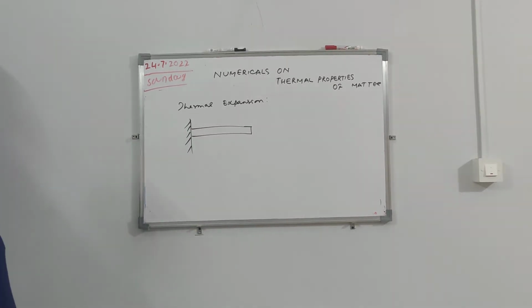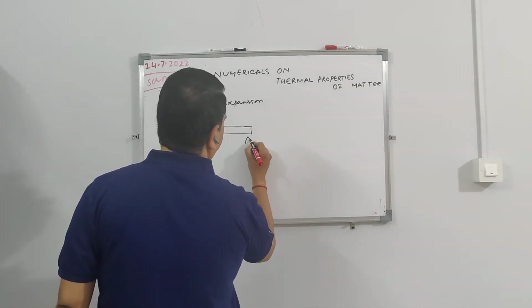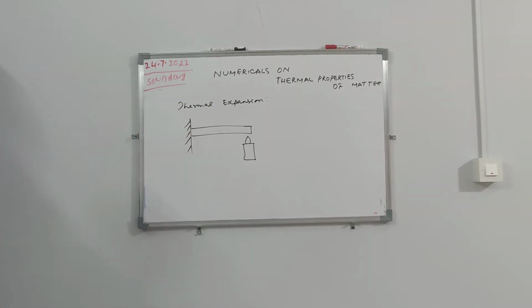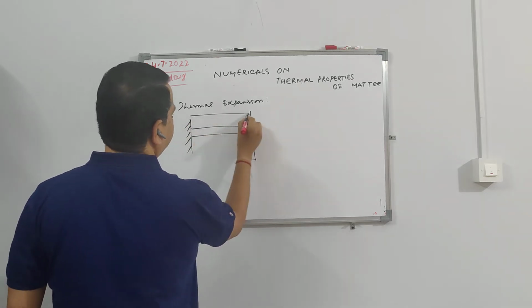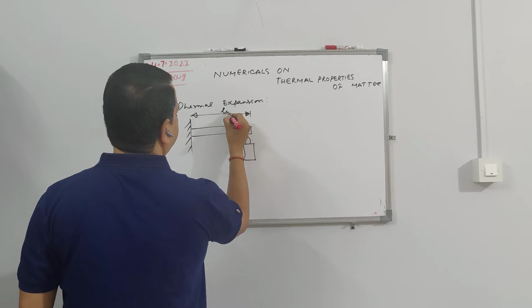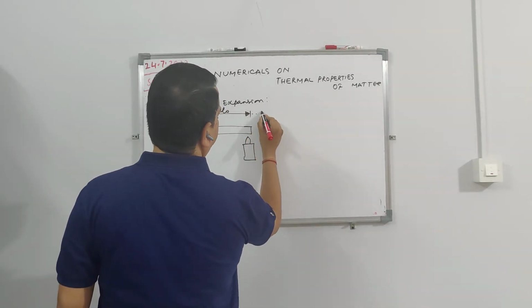Let me say I am heating this iron rod using some source of heat. Let us say the initial length of this iron rod is L0. By heating it, this rod will try to expand.